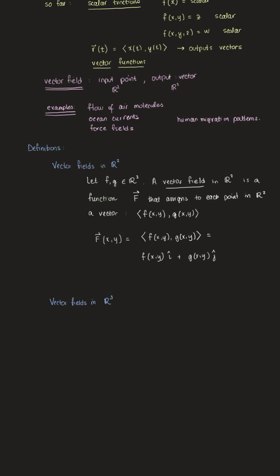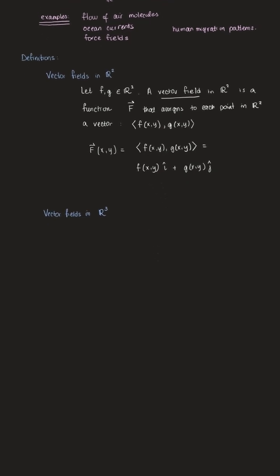Okay, in 3 dimensions, now we're assigning a vector to every point in space. So this time we're going to let f, g, and h be defined on some region D in space, and the vector field then takes in a point in space x, y, z and assigns a vector in space.